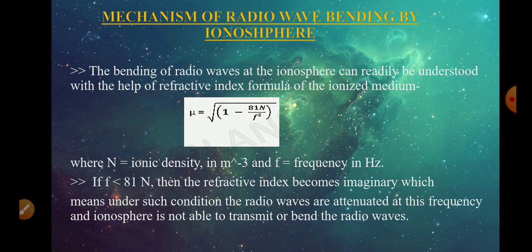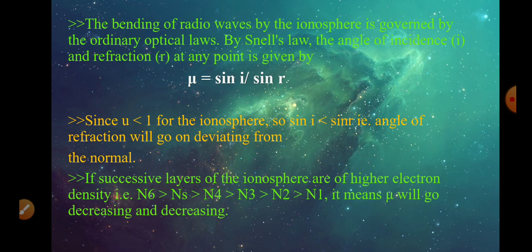So we can conclude that if the successive layers of the ionosphere have higher electron densities, like n6 greater than n5 greater than n4 greater than n3 greater than n2 greater than n1, then our mu, the refractive index, will go on decreasing, in the way mu1 greater than up to mu6.